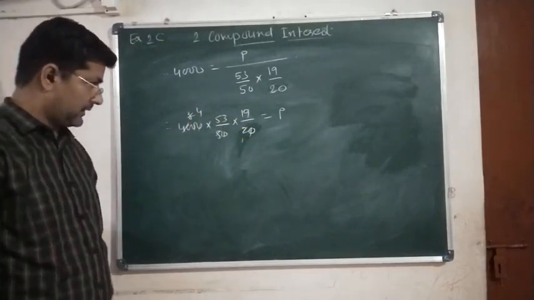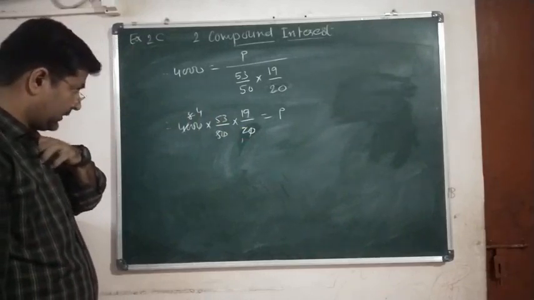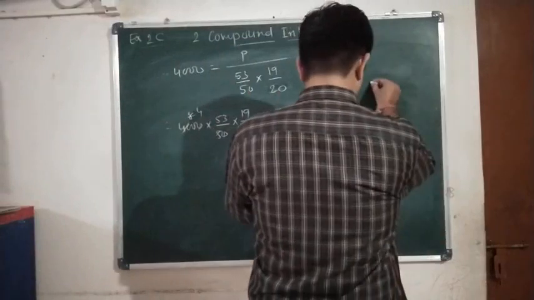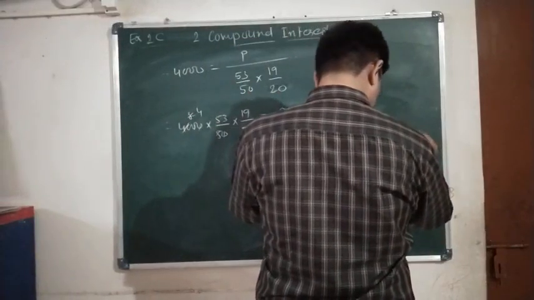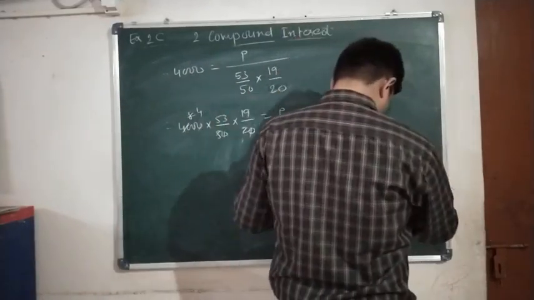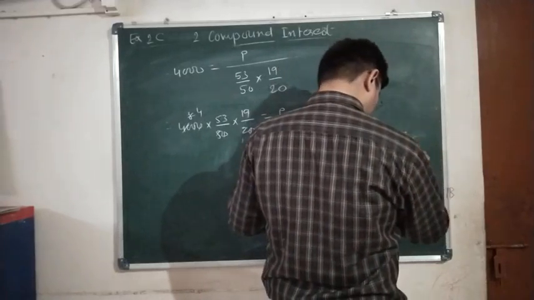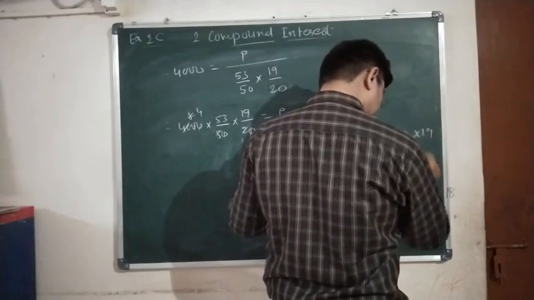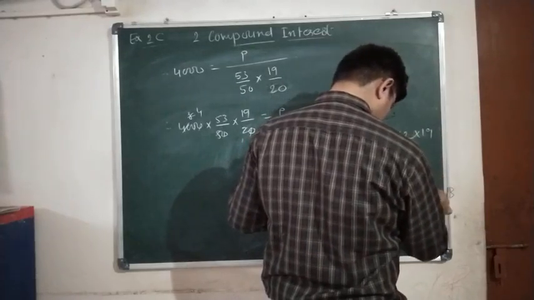Now let us multiply. 53 fours are 212. So 212 into 19. 19 twos are 38, 19 ones are 19, 19 twos are 38.